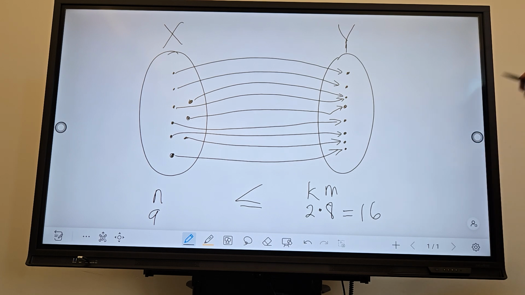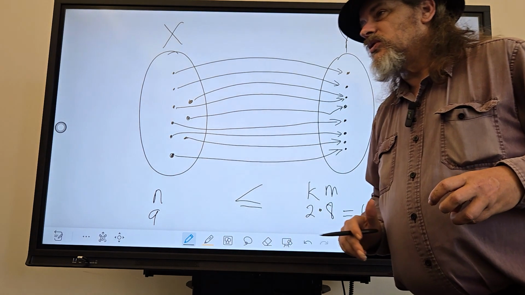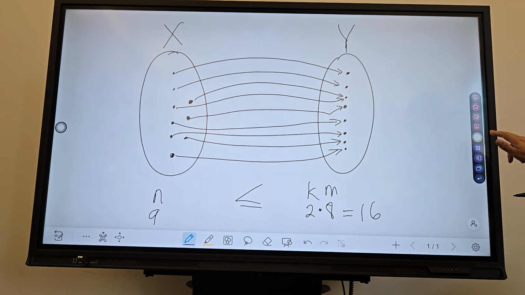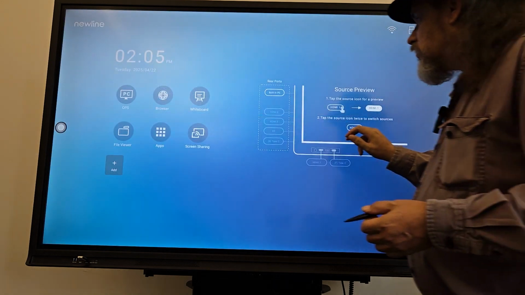That's going to be greater than or equal to the number of pigeons that you have. Make sense? Okay.